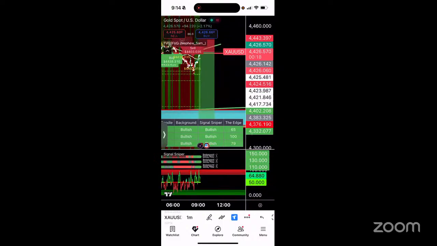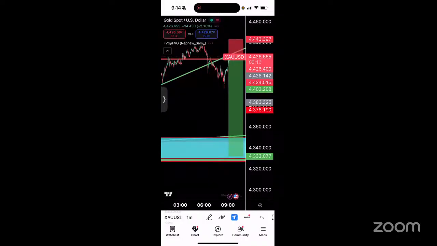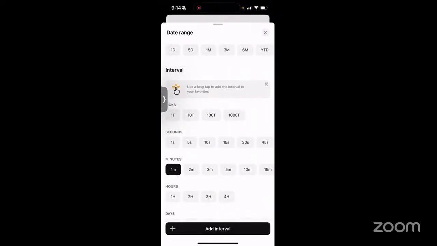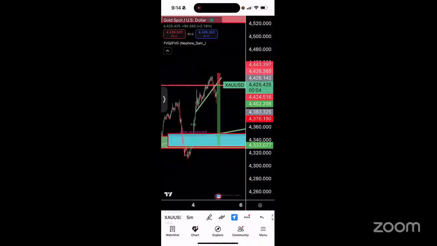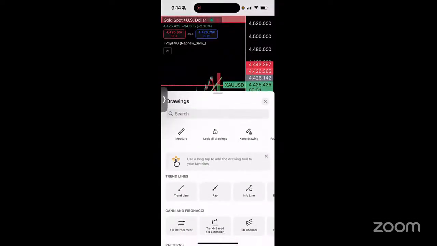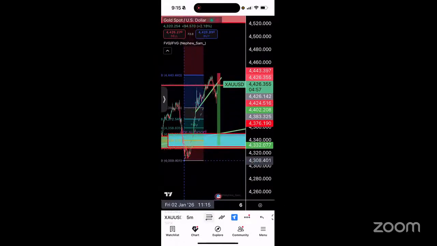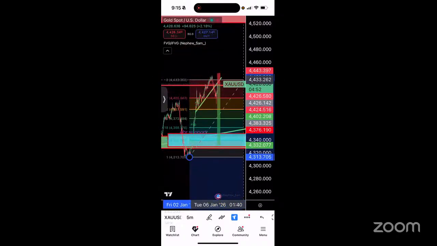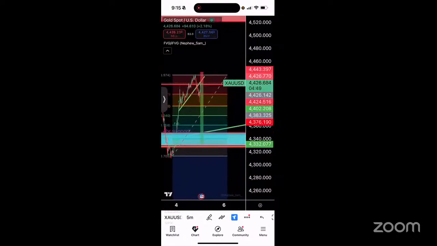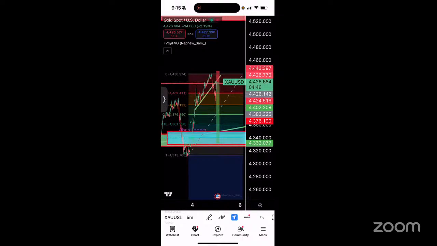All right, and just to give you guys a little extra training. If we go to the 5-minute, you see this big bullish movement right here, from our support. If you take the Fibonacci, we should work our way back to the 50 retracement mark, which is this green line.